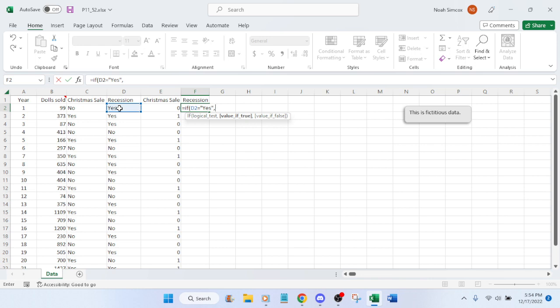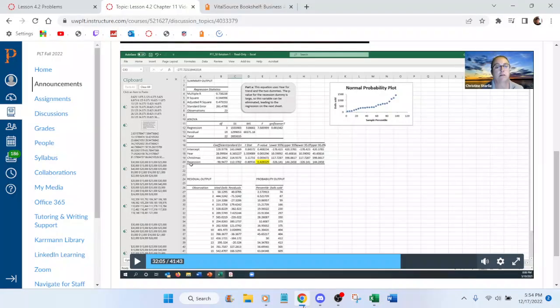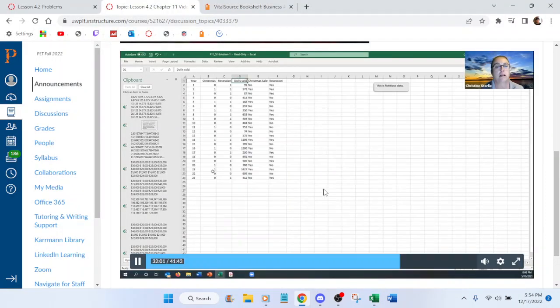If it's recession, yes, then 1, otherwise 0. So Christmas sale 0, and yes.